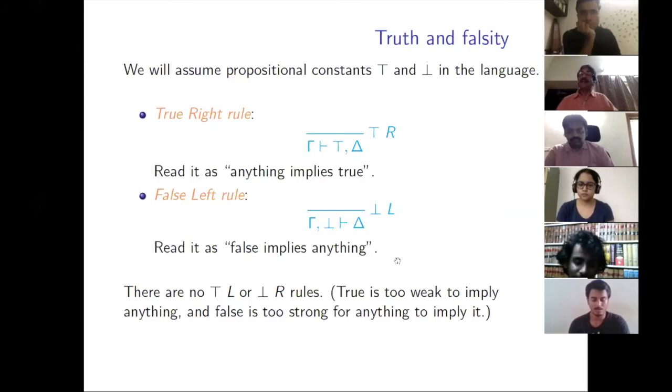You can't have alpha implies false. Similarly, you can't have true implies anything except true. But true you can always put on the right side. So there are no rules for these, so these are not derivable. That's it. Okay? So these are the most basic rules.